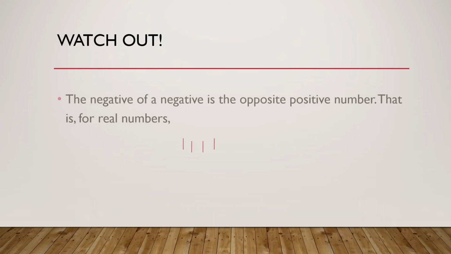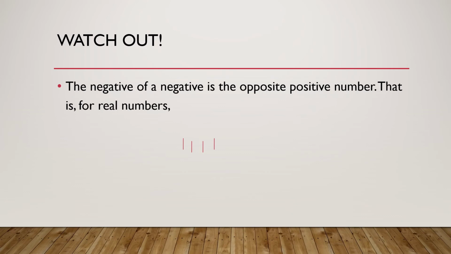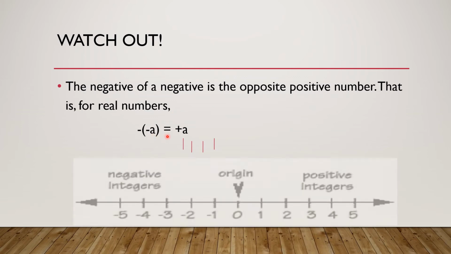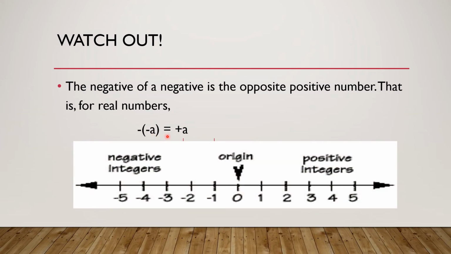But we have to watch out. The negative of a negative is the opposite positive number. That is for real numbers. So remember, negative times negative a is equal to positive a. Look at this.